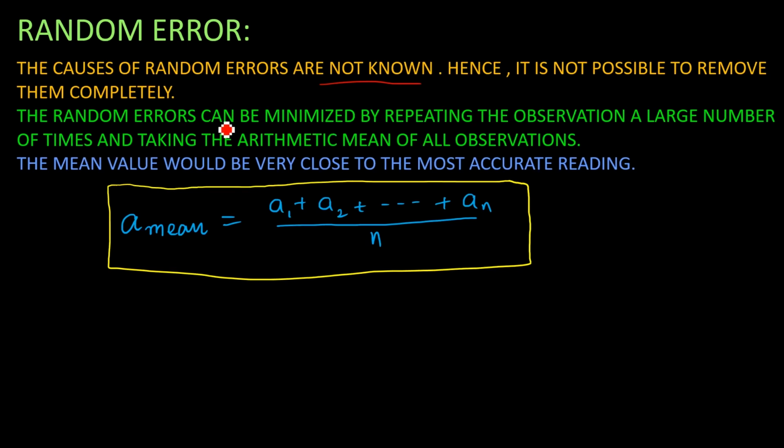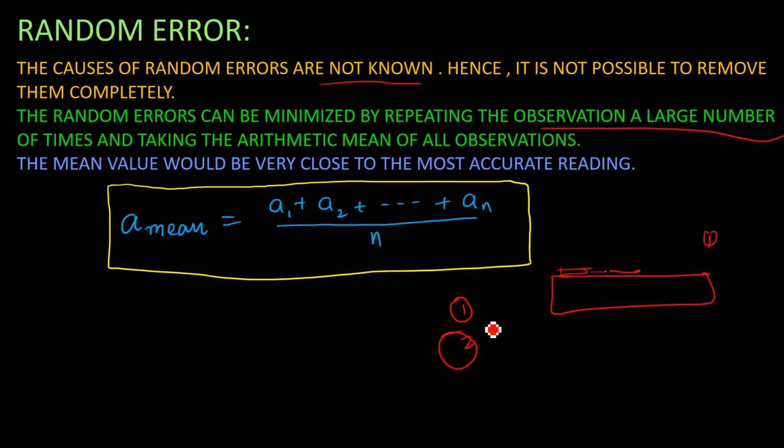Here the random errors can be minimized by repeating the observation a large number of times. Normally, if you want to measure the length of the table, you use a scale. Initially you measure and one value comes, again you measure and one more value comes, again one more value. There won't be any matching, so how to rectify this?